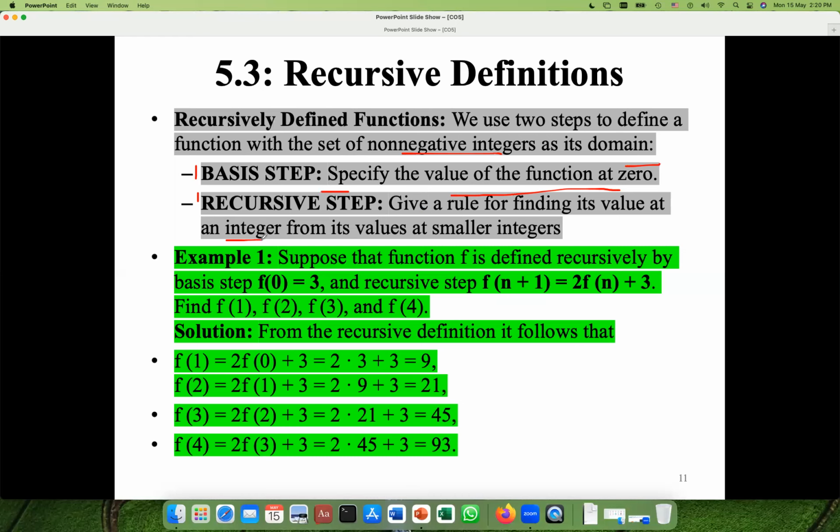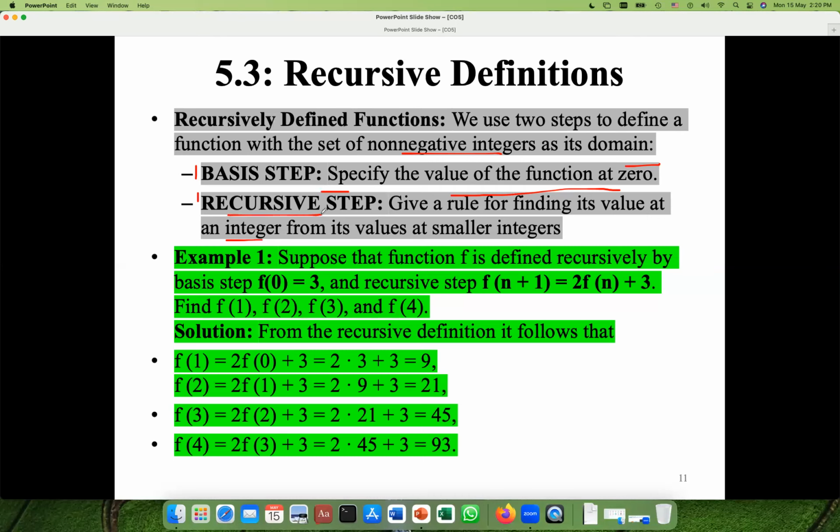It means that you will give any number to that function, and that function will have some recursive rule or recursive form or recursive equation. You will give some number into it, and that function will give you some value by using the smaller values of that function.